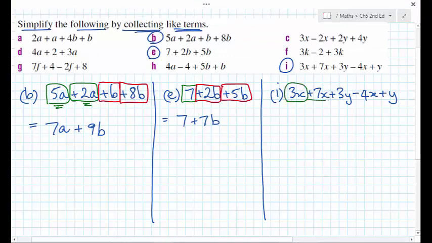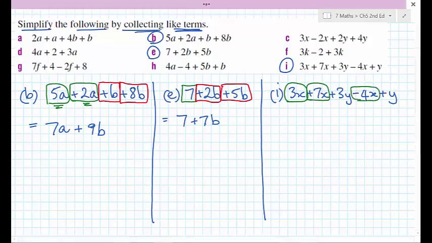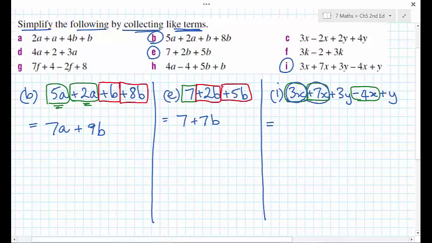I've got 3x plus 7x and I take 4x. I can think of it as 3 x's plus 7 x's gives me 10 x's. Take 4 x's will give me 6 x's.